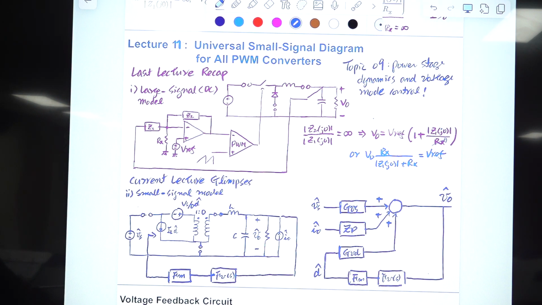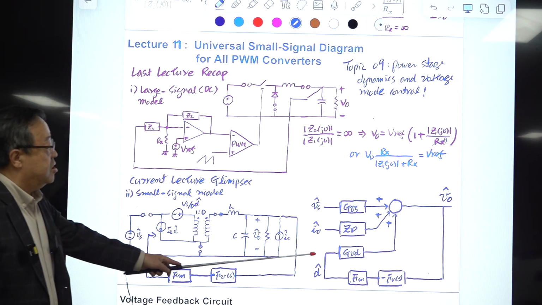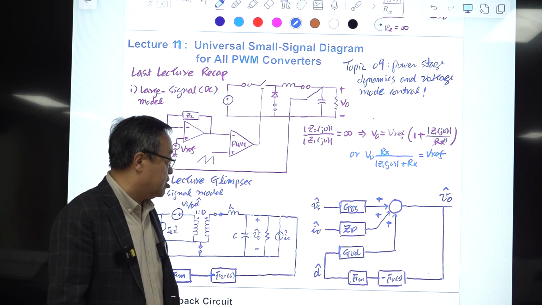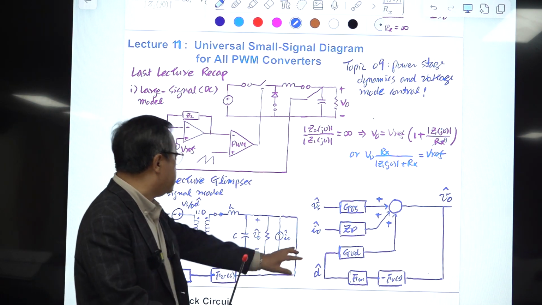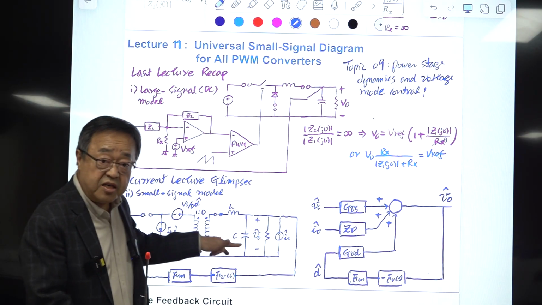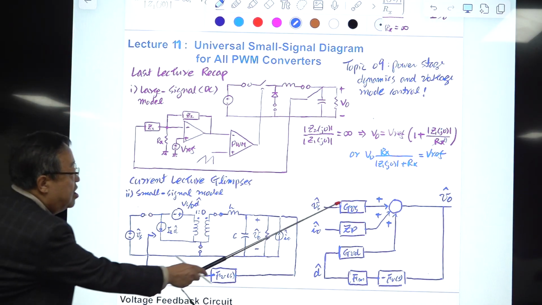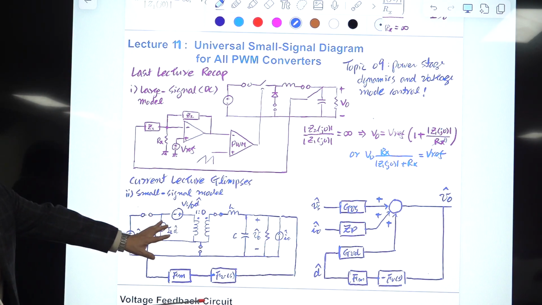I need to put a negative sign here, okay? This is wrong otherwise. Then you have positive feedback, you are in big trouble. So negative sign here, the modulator gain, and this is the duty ratio to output transfer function. So this is the same representation. Why are they the same? You derive these things to make them the same.